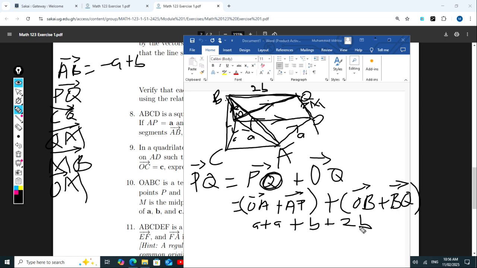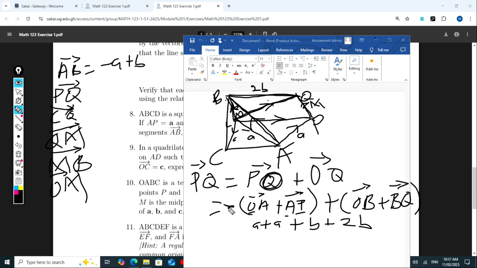So PO, which is OA plus AP, should be negated, because what we've written here is OP. This is the formula for finding OP. So negative OP is equal to PO.